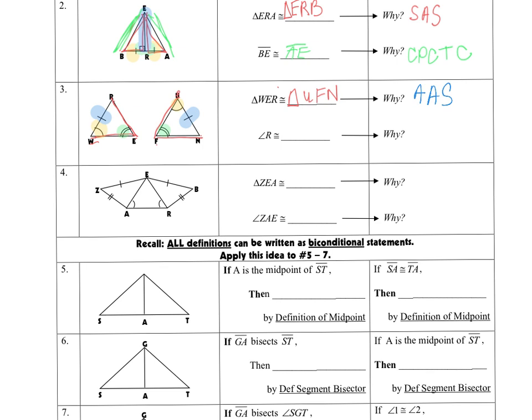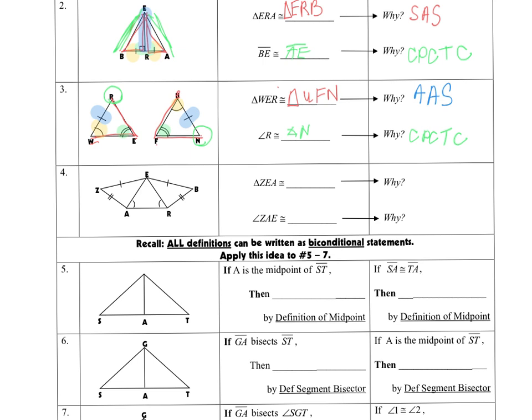If we then look at angle R, angle R is going to correspond here with angle N, and angle R is congruent to angle N, and that is because corresponding parts of congruent triangles are congruent.